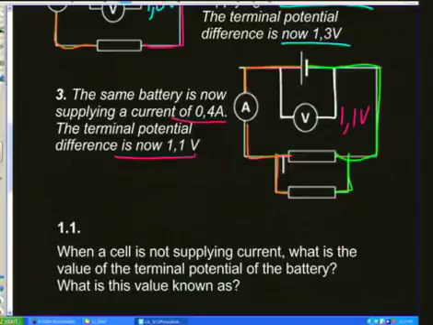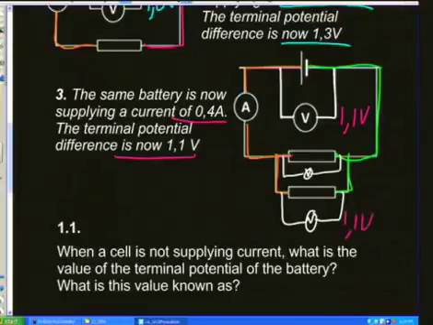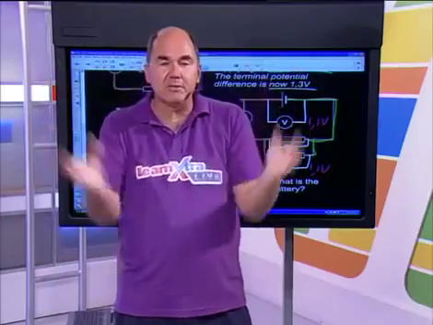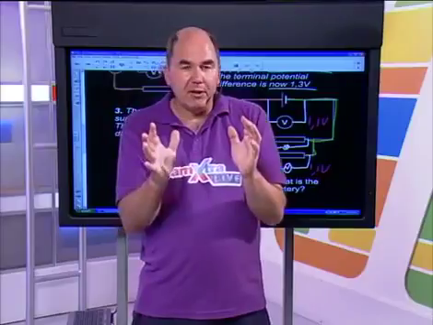If I connected a voltmeter here, it would still read between orange and green. And this one would still read between orange and green. So they would all be the same reading, because orange to green is 1.1 volts. Across any places between orange and green, those regions of potential would be the same. Okay, so please be aware of that.